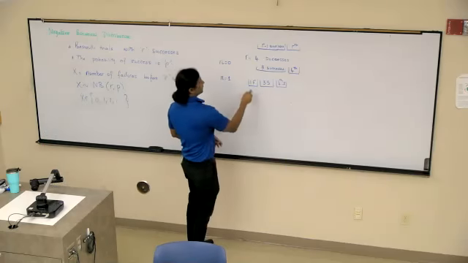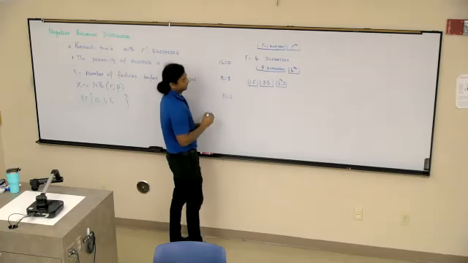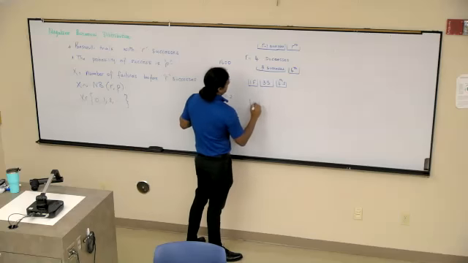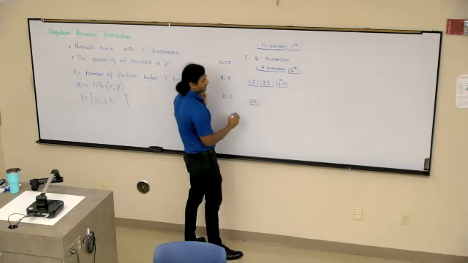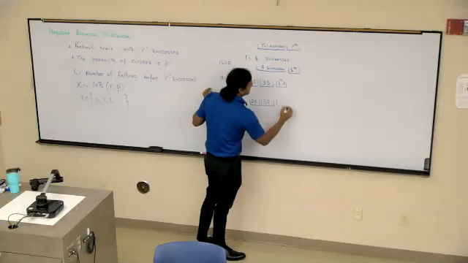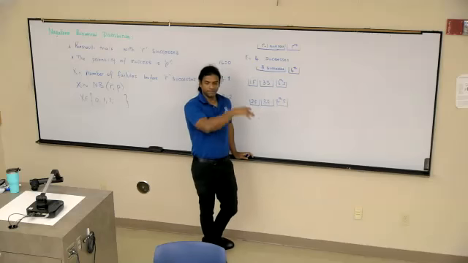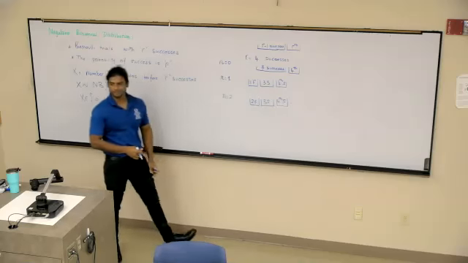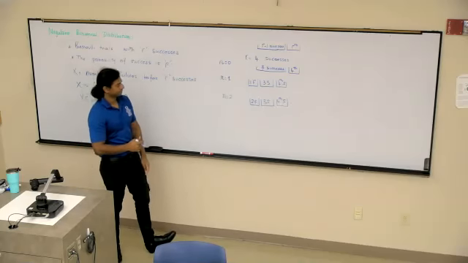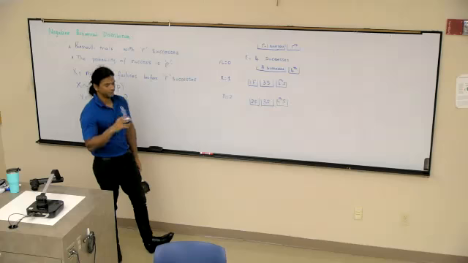So 3, 4, 5. If n is equal to 2, I have 2 failures, 3 successes, and then the 4th success. And when it happens, we stop. Good. You see where I'm going, right? Or do you not see?